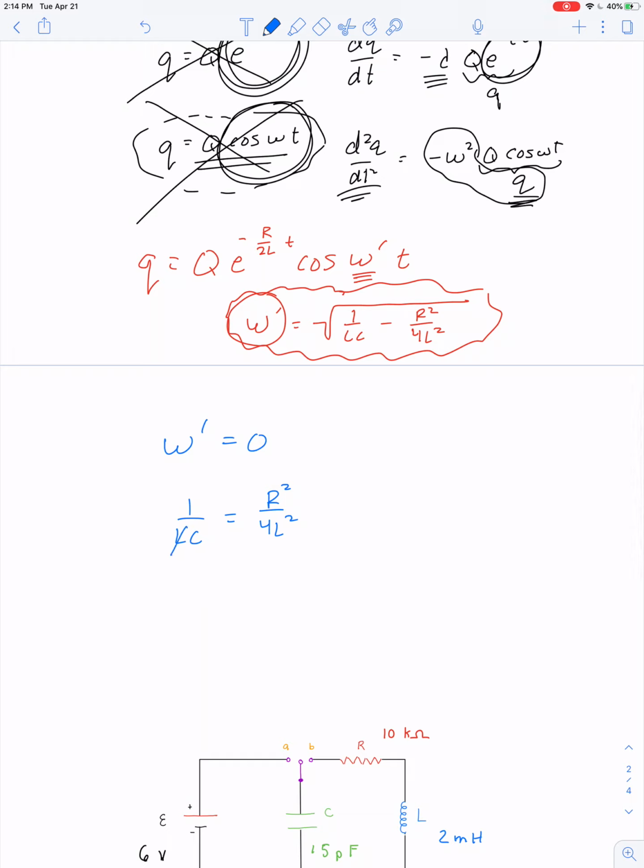Let's cancel out one of the L's, cross multiply, and R squared would have to equal 4 times L over C. So R critical would have to equal 2 times the square root of L over C.